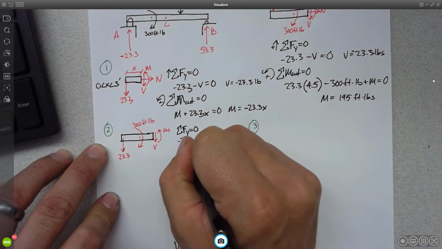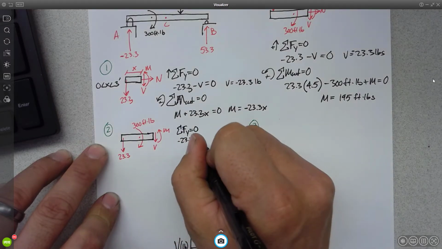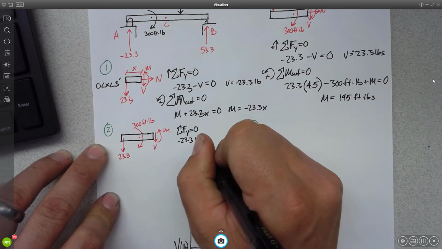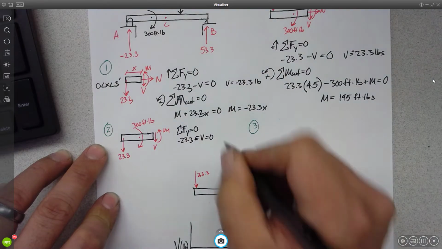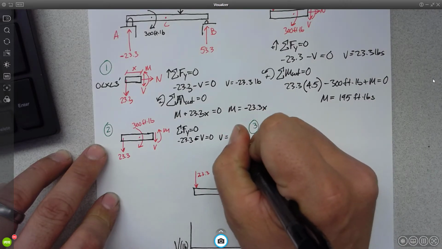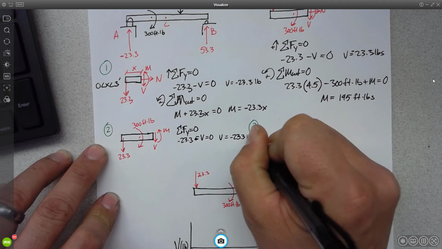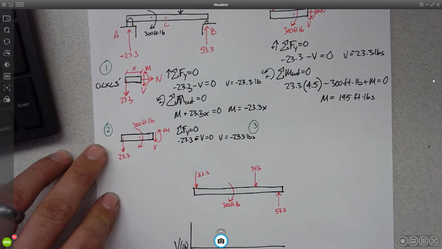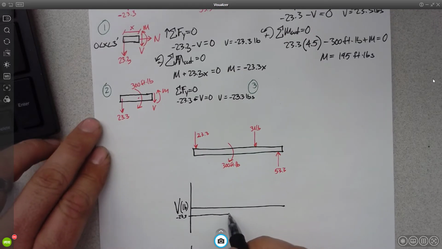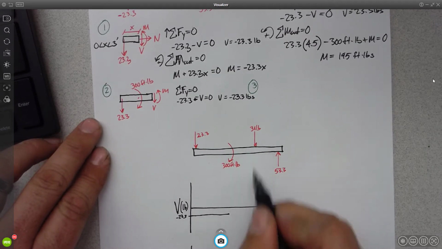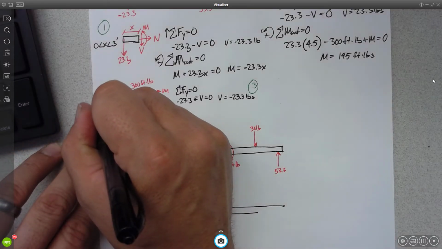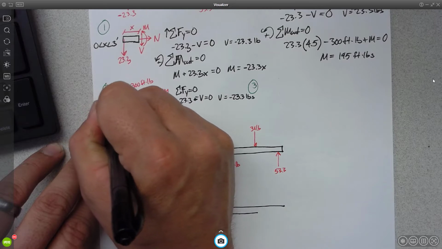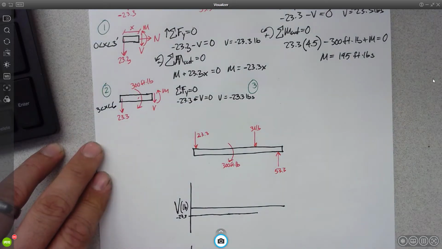Looks like I have negative 23.3 plus V, sorry, minus V equals 0. So again, we have V is equal to negative 23.3 pounds. So I can come down here to my chart, negative 23.3, and I'm going to go up another 3 feet to 6 feet, because this is for 3 is less than x is less than 6, the region that we're doing here.